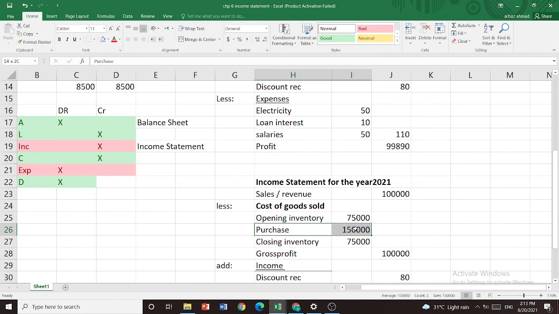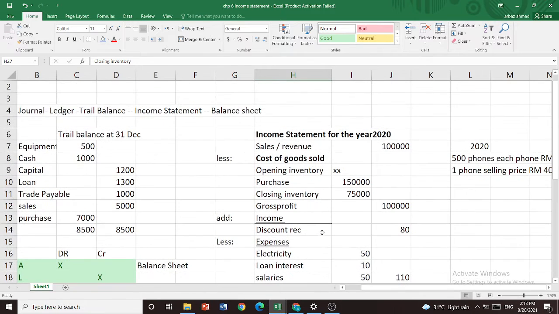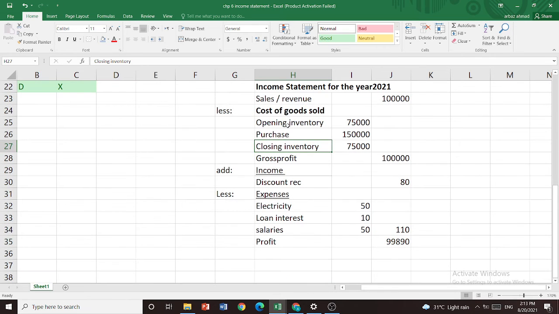And then again maybe you buy 500 units, and then you will have closing inventory, the units you are not able to sell. Now this is plus, and this is minus. What does that mean? I will stick with this example. So this is plus, let's make it green, and this is minus.